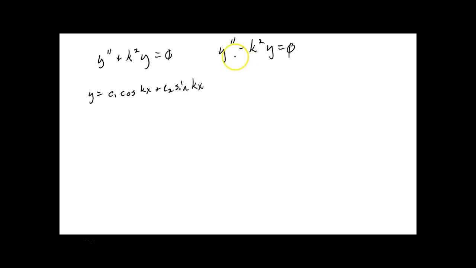Now, the second one has real solutions. M squared minus k squared equals 0, so m equals plus k or minus k. So that's simply y is equal to C1 e to the kx plus C2 e to the minus kx.